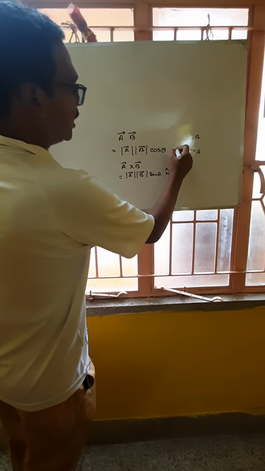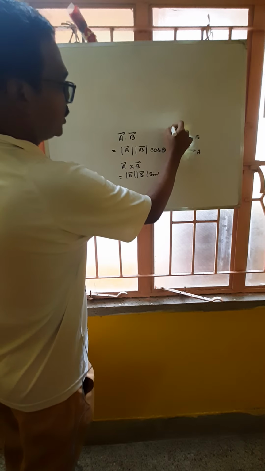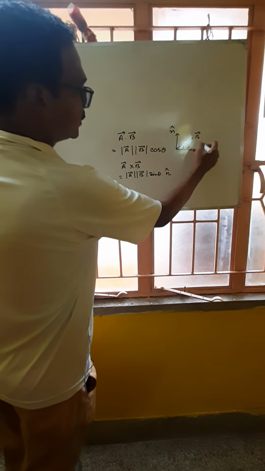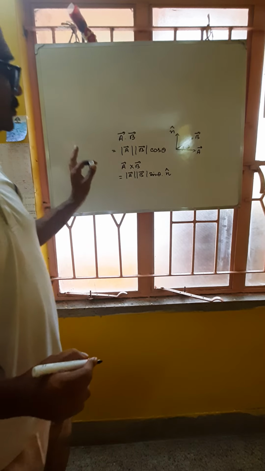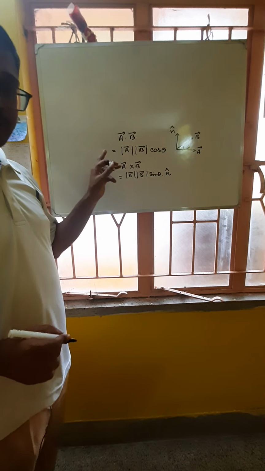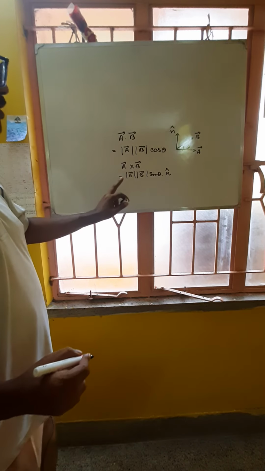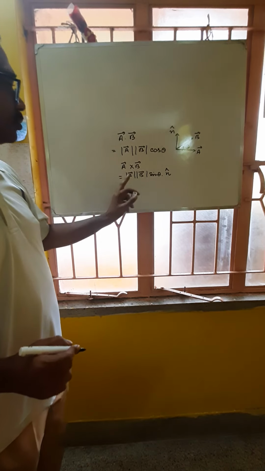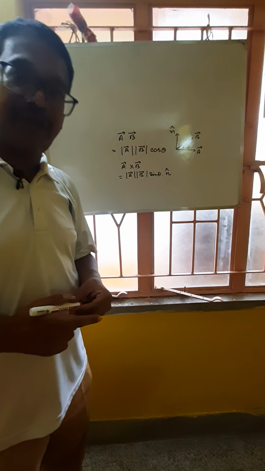That is, the n vector is in the perpendicular direction to a and b. Now this is the case, you can obviously copy it. A dot b equals ab cos theta. This is the figure. A cross b equals ab sin theta multiplied by the unit vector n.